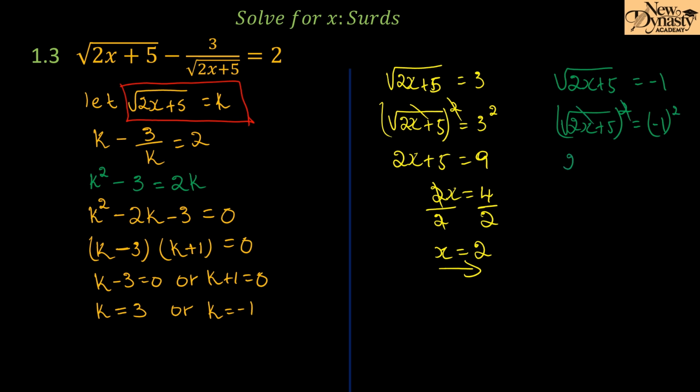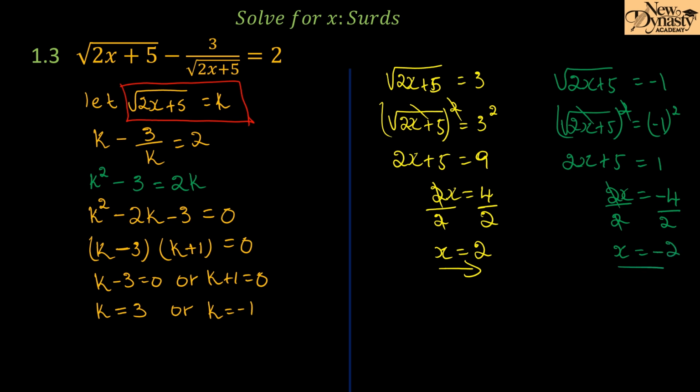You are left with 2x plus 5 equals negative 1 squared, which is 1. Therefore you subtract 5 on both sides. Then you're going to have 2x equals 1 minus 5, that is negative 4. You divide by 2 on both sides so that you isolate x. Therefore your x equals negative 2.